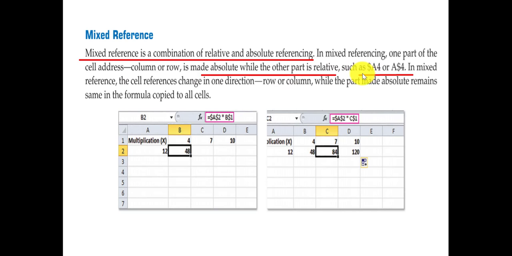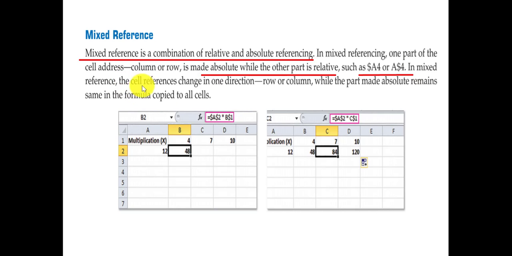If we write $A4, it means we are making the column constant. A is the column name, so we are making the column constant. Or if we write A$4, it means we are making the row number constant.